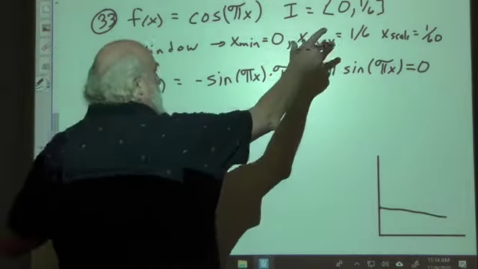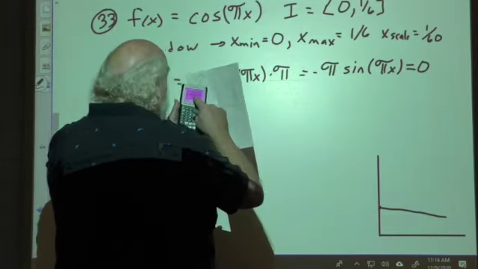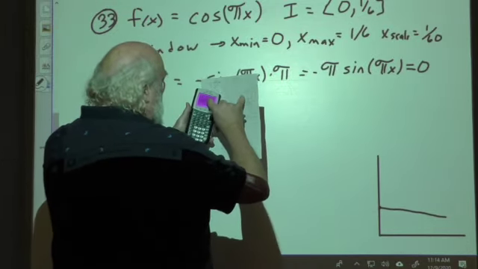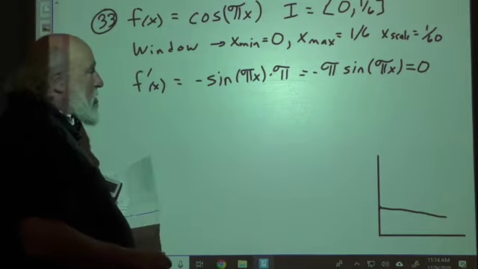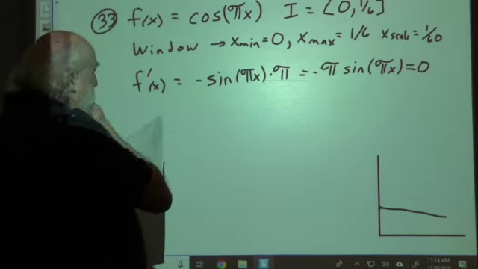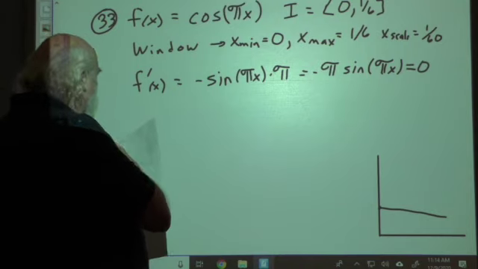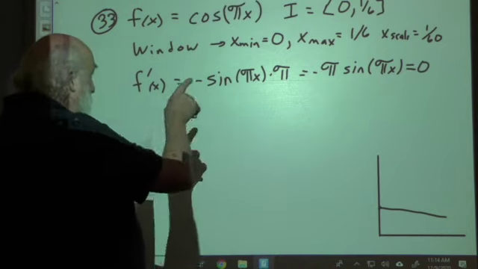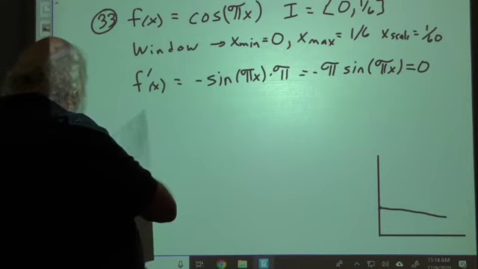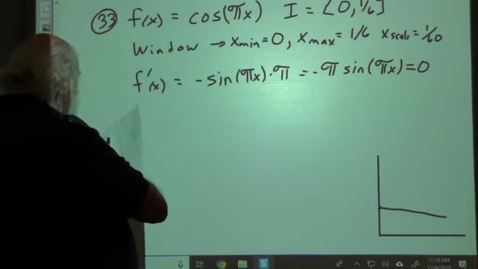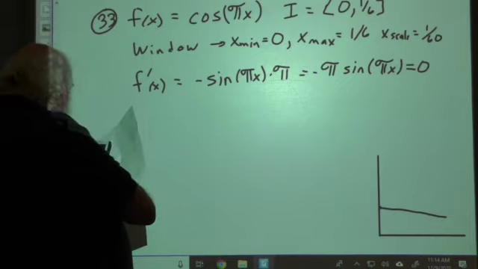But now, because we're dealing with such a small sliver here, which is just part of this first curve, 0 to 1/6, it's very, very small. So we're going to go back to the window, and put 0 for x minimum.